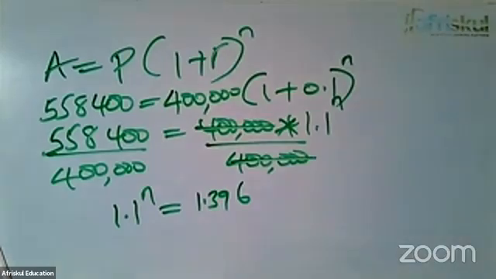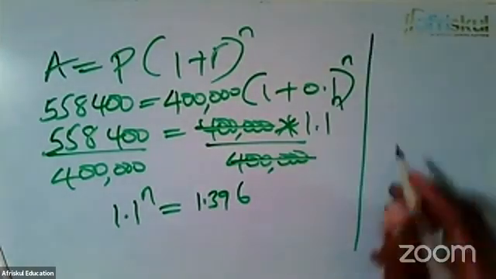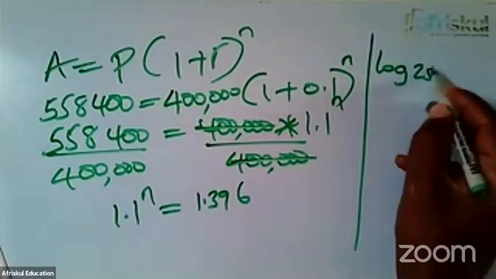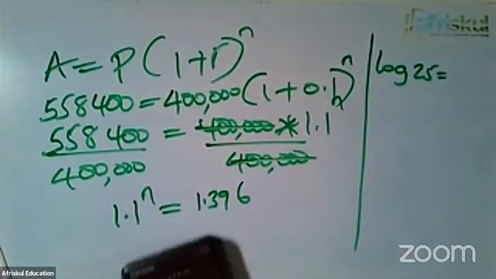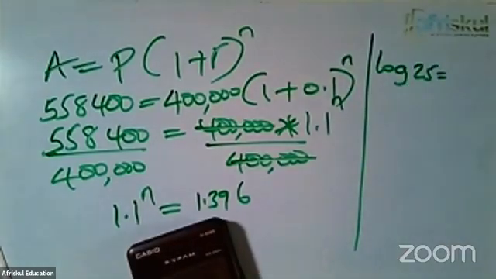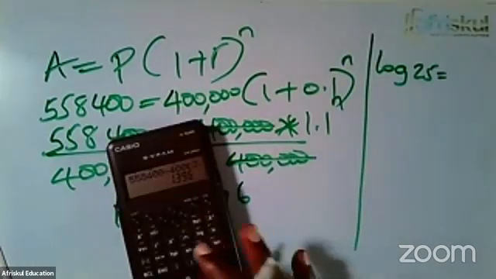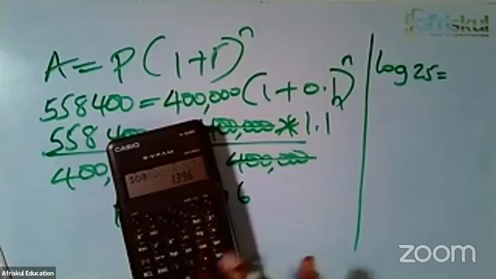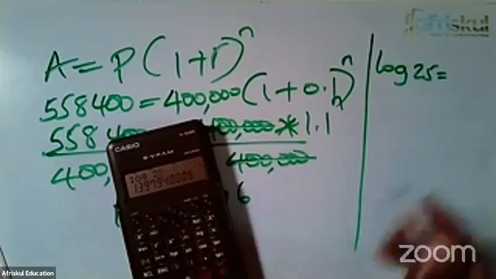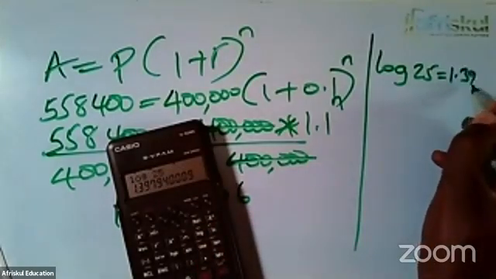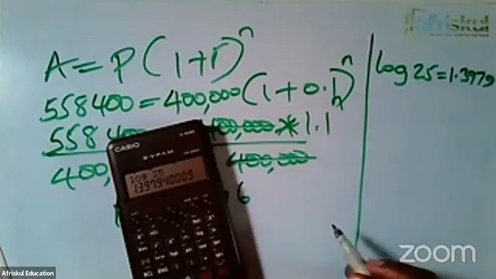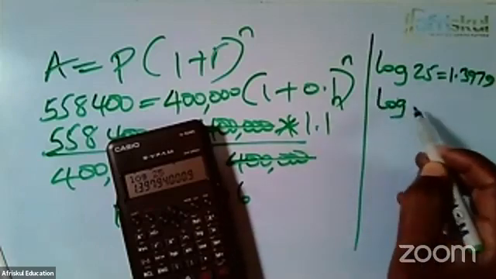Now, ladies and gentlemen, I would want us to do something small here. What is logarithm of 25? Using your calculator, those things of mantissa and characteristic are no longer with us. Logarithm of 25 gives us 1.3979. How about logarithm of 5?